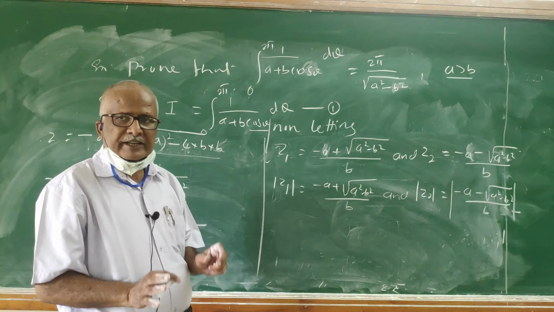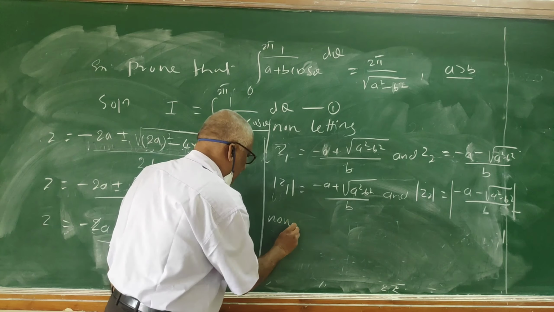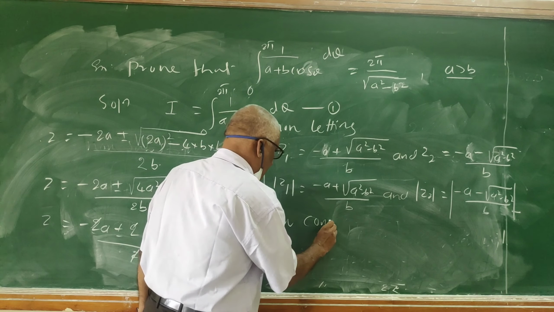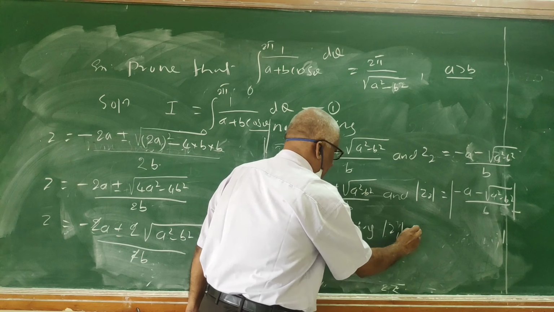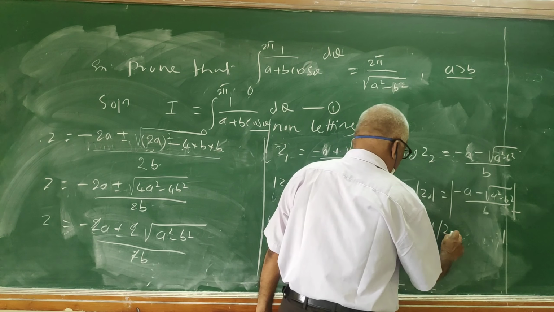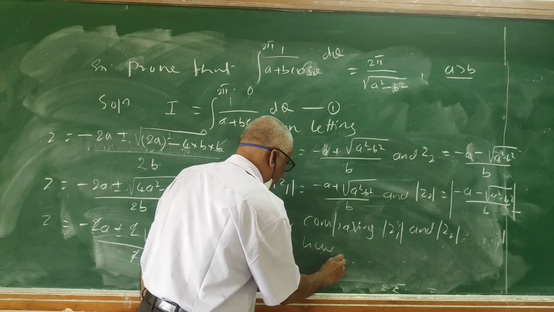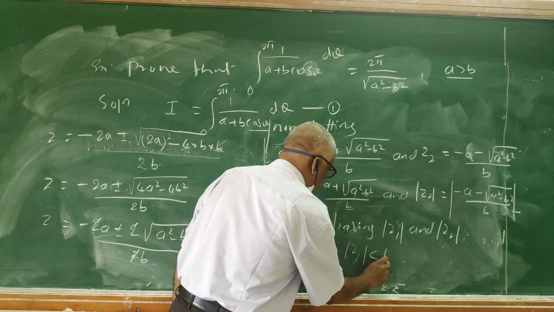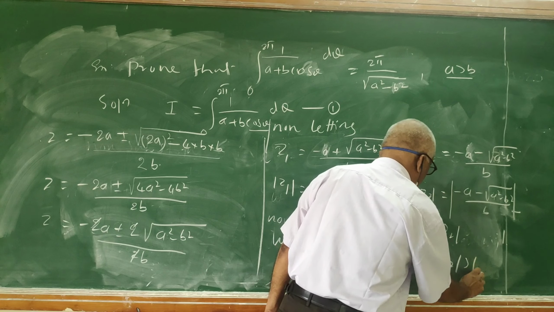So always real quantities can be compared. So that now comparing mod z1 and mod z2, we have mod z1 is less than 1 and mod z2 is greater than 1.